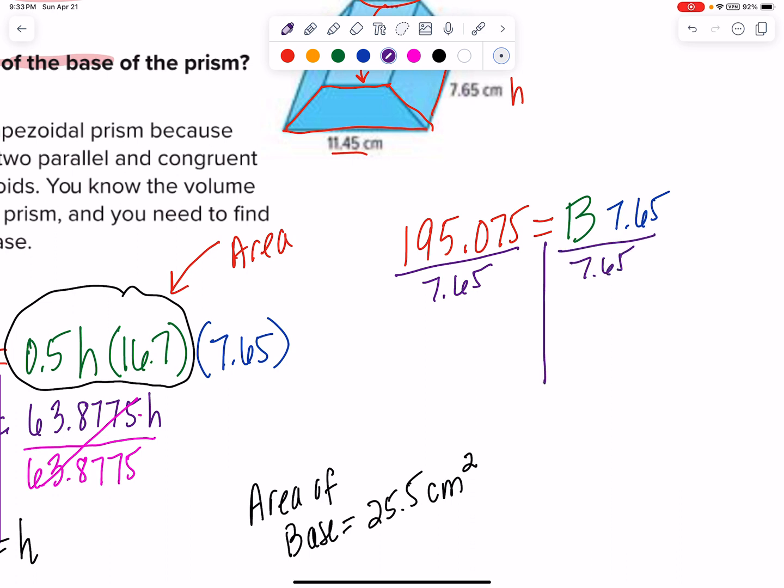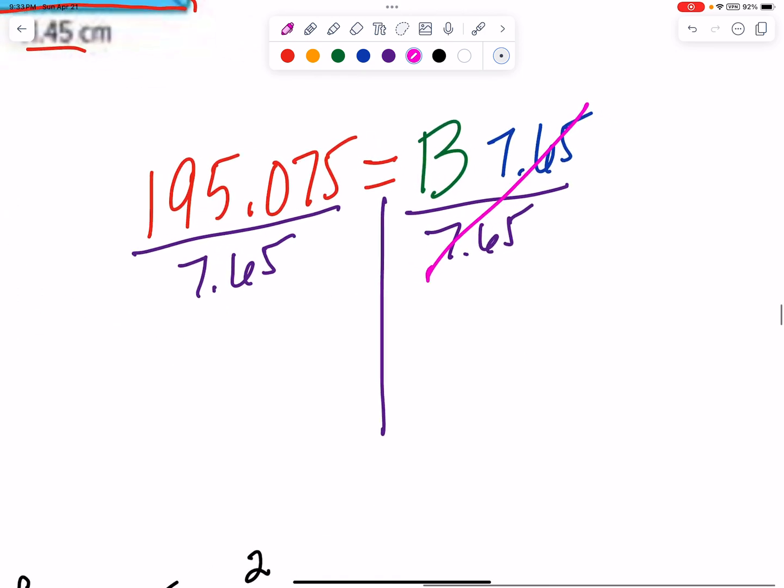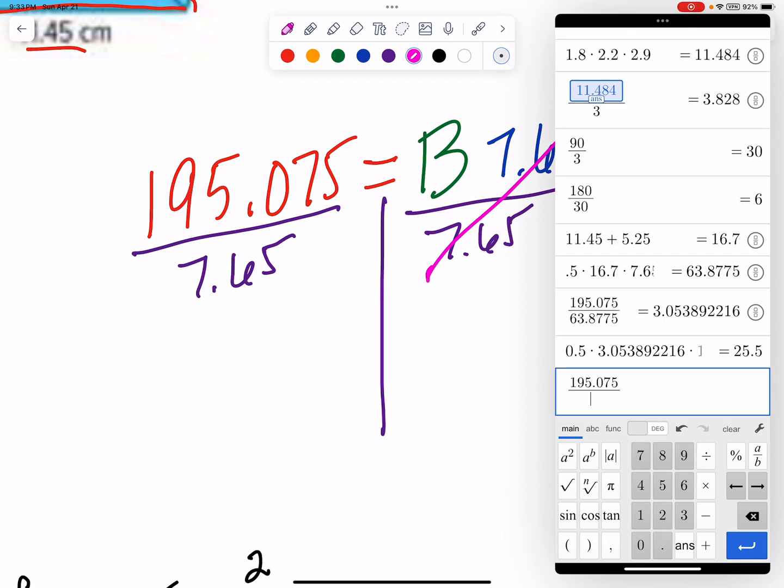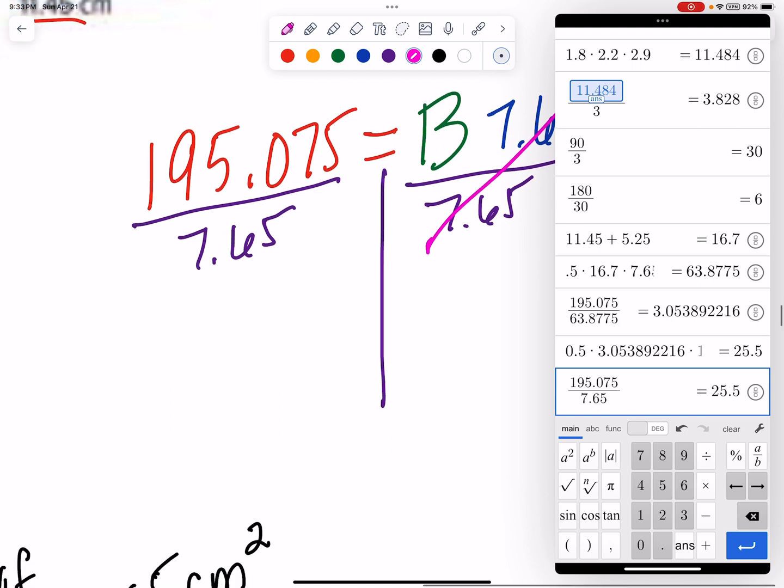If big B is area, we should be able to just simplify it like this. So let's try this out. 195.075 divided by 7.65, and yep, there we go. That was a way quicker version.